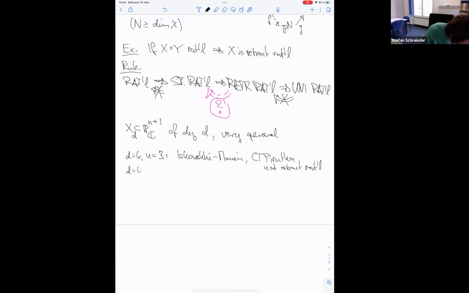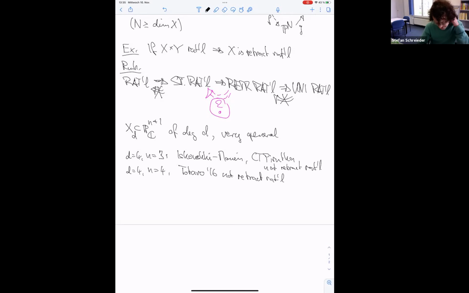And then still degree 4, but now dimension 4, has been done by Totaro. And again, he can prove that they are not retract rational.